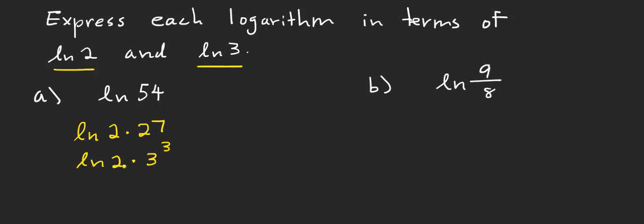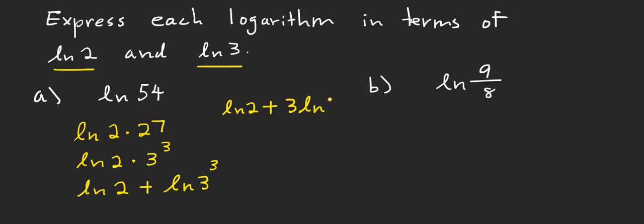Now using the product property, this will be natural log of 2 plus natural log of 3 cubed. Now using the power property for this portion, you end up getting natural log of 2 plus 3 will go in front of natural log. You get 3 natural log of 3. So now we just rewrote natural log of 54 in terms of natural log of 2 and natural log of 3.